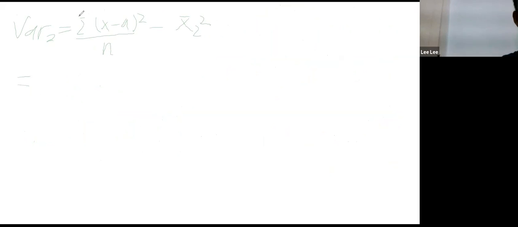So your sigma x minus a squared is sigma x squared minus 2a times x1 plus until xn, right? X1 plus until xn is sigma x, isn't it? And you have plus n times A squared, then all over n.